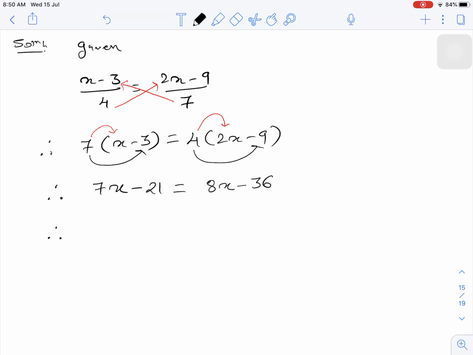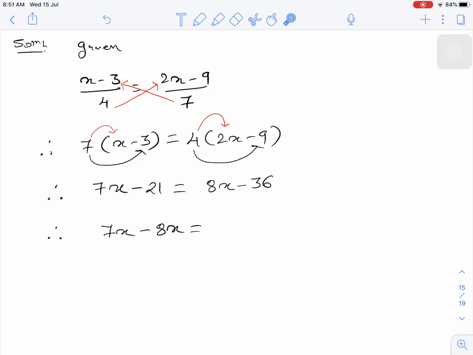Now our next step will be, as usual, we will bring the terms with x on the left hand side and terms without x on the right hand side. Okay, so let us bring it. So now what you will get, 7x. Now here we have plus 8x, on the left hand side it will become minus 8x because we are changing its side.